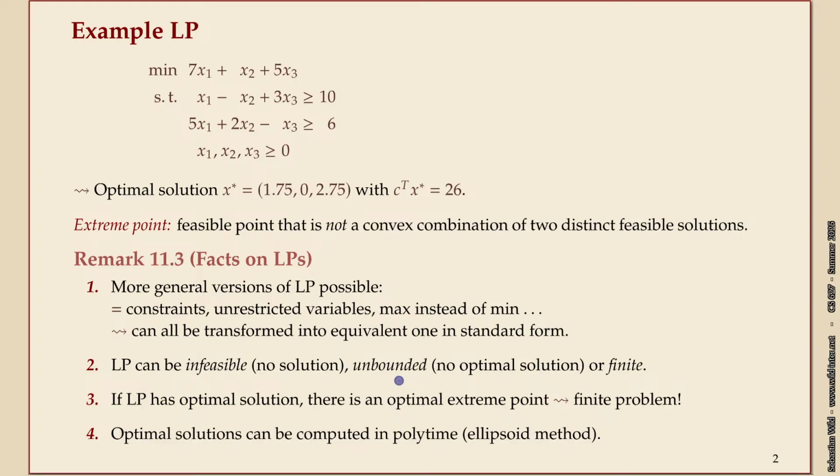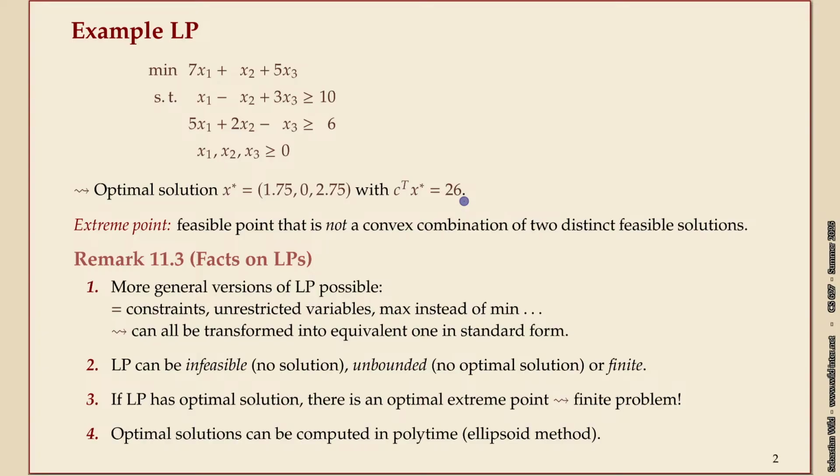Or it could be unbounded in the sense that you can improve this to infinity or minus infinity for minimization. But the interesting case that pops out from typical optimization problems is that it is finite, meaning there is some concrete finite optimal objective value.